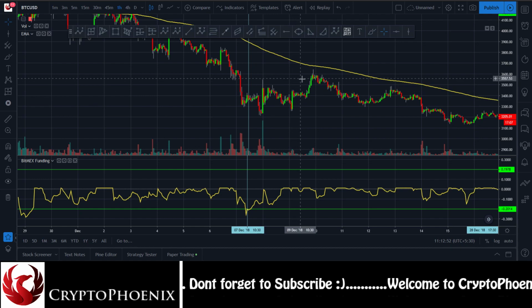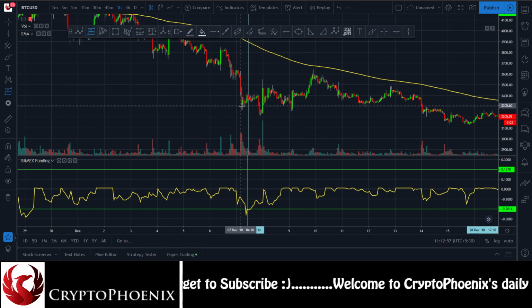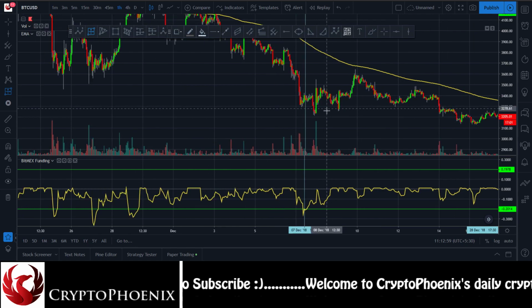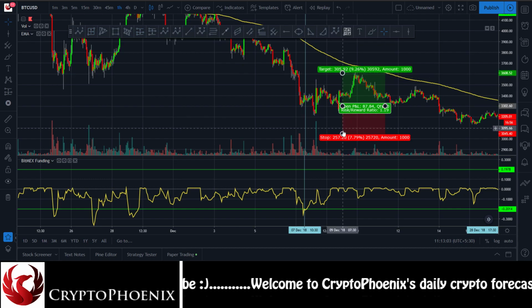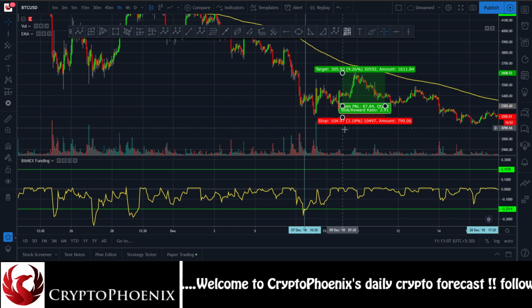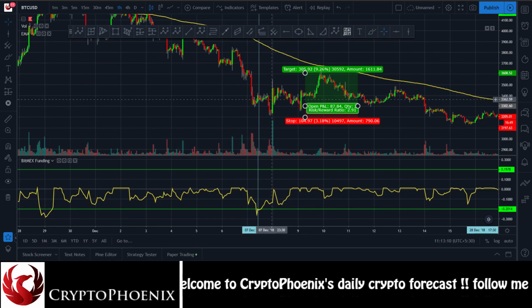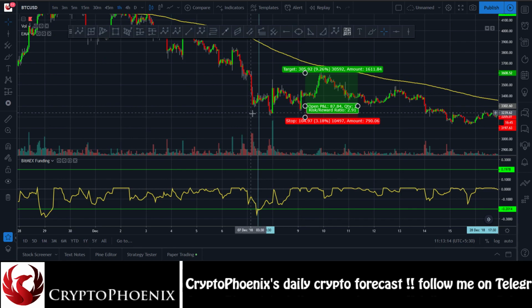We have seen a pump, and even if you had put a stop loss around 2% or 3%, you may have gained some money.